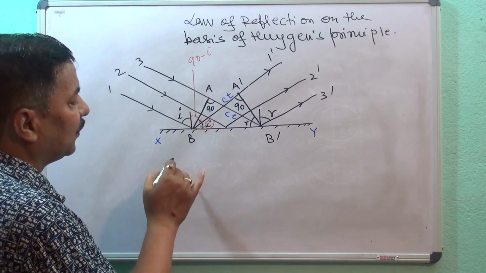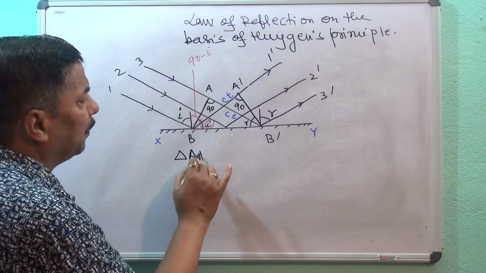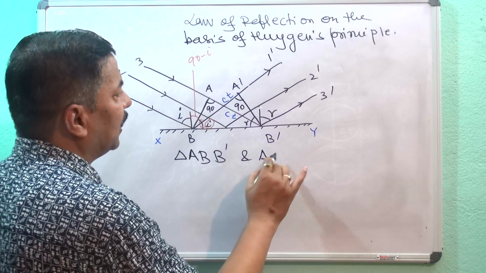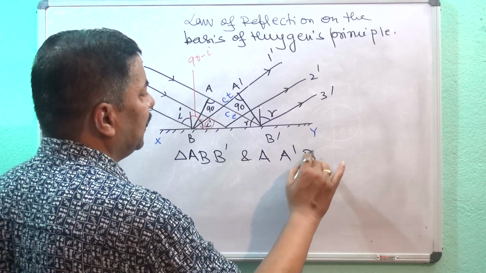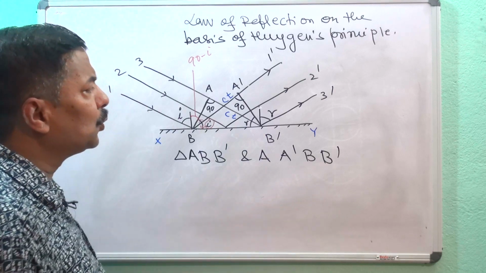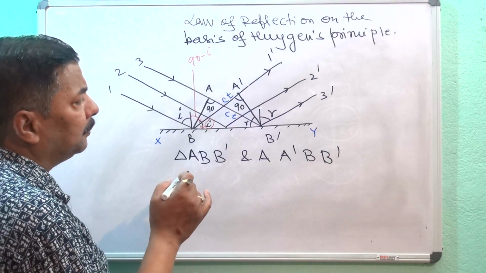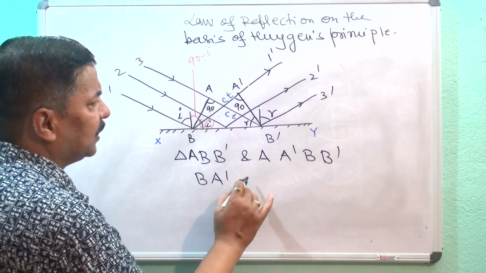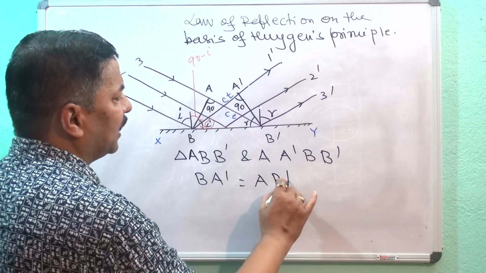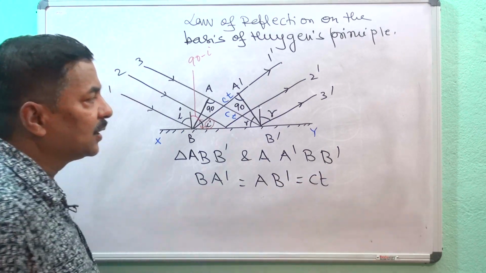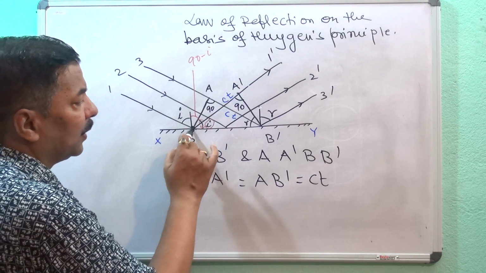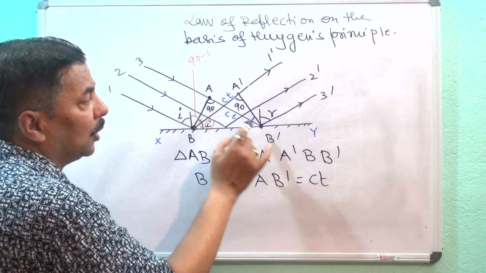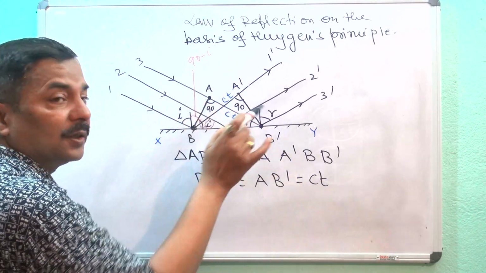I am considering the triangle A B B dash and triangle A dash B B dash. In these two triangles you will find that B A dash is equal to A B dash is equal to c into t. This distance is the same, because from here the wavefront has reached here, and in the same time the wavefront has reached from here to here. So this distance and this distance should be equal, because the medium is the same.